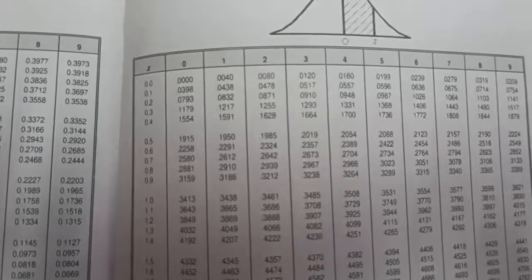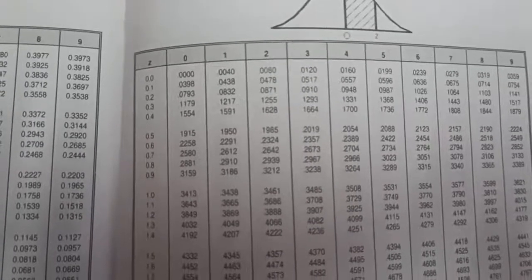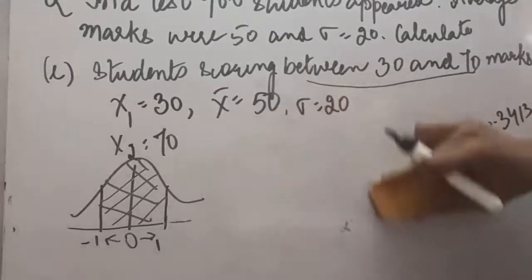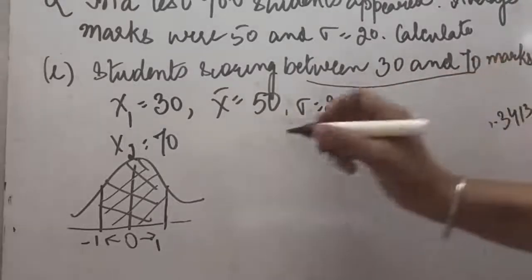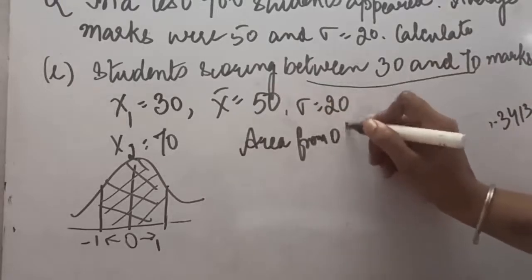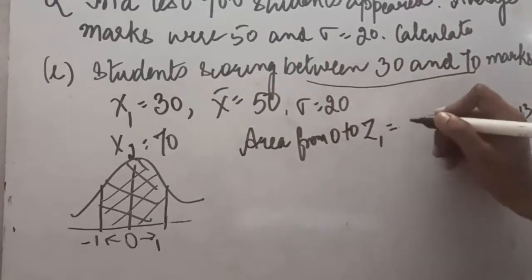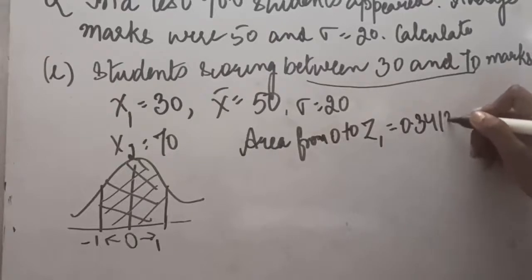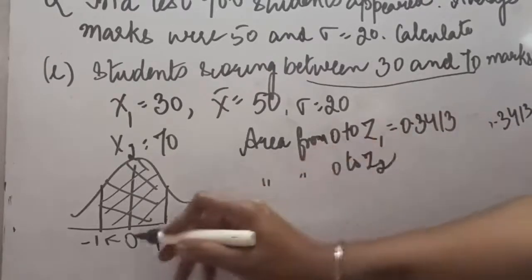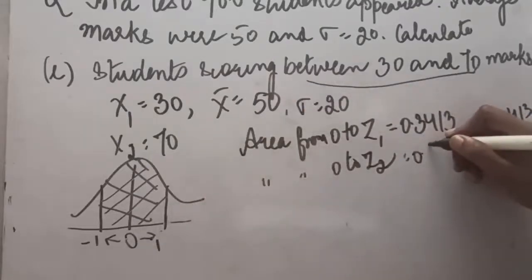So this value we will be putting now in our question, 0.3413. So the value of this will also be 0.3413 and this is also 1. So 0.3413. The same value will be there for both. So now we write down the area from 0 to z1 is equals to 0.3413 and 0 to z2 was again 0.3413.